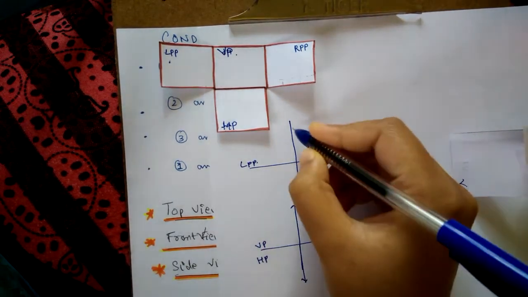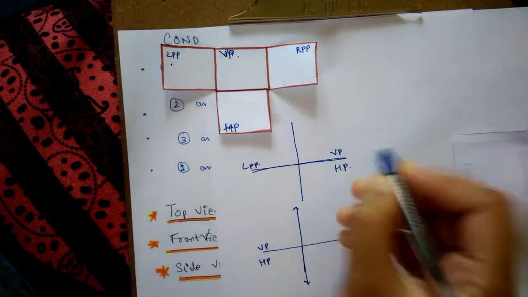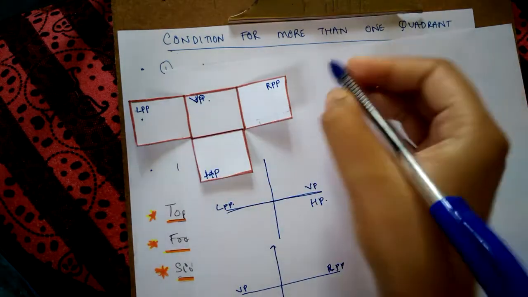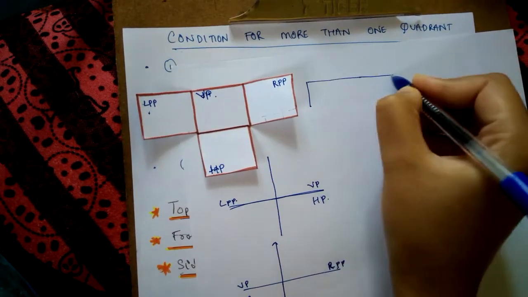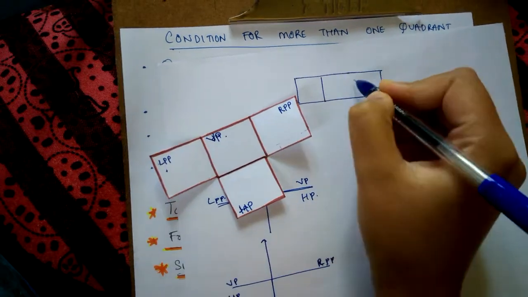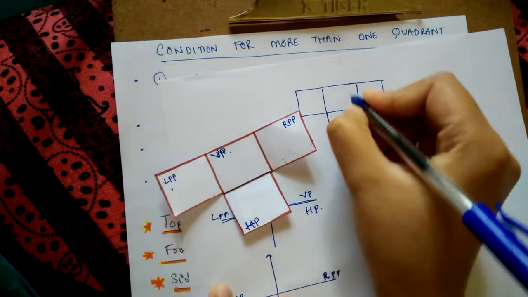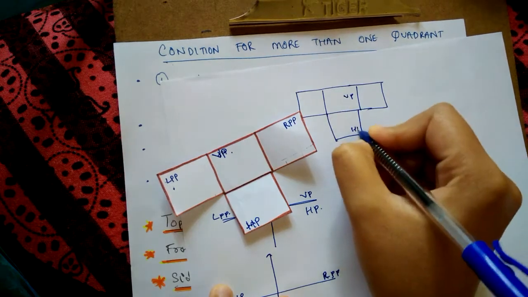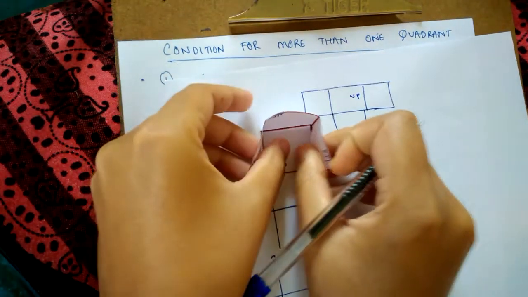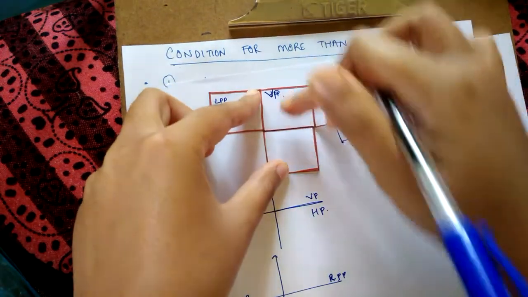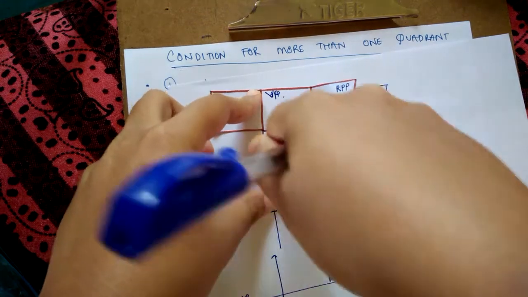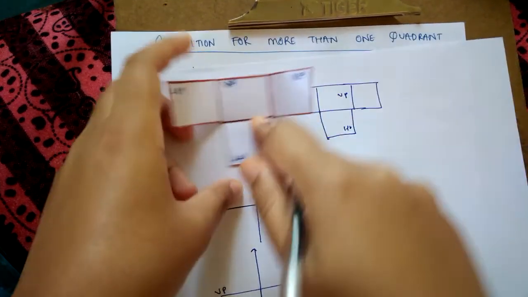Now, if you want to draw the simplified view of this diagram, you draw it like this on a paper. This is your VP and your HP. Since the 2D view opens up like this, this part becomes VP, this part becomes HP, and there is a line which divides them.